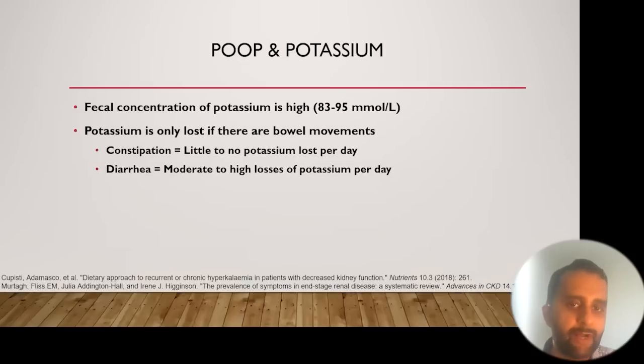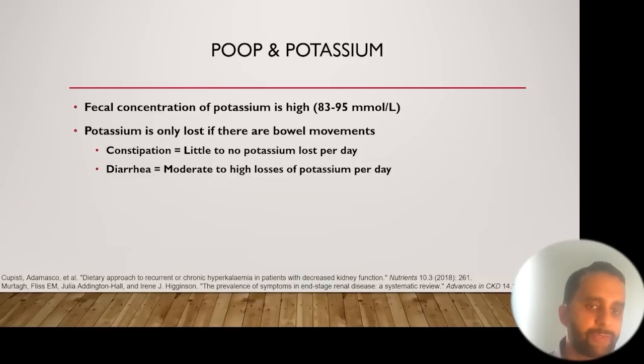And of course, there is potassium in fecal content. If you are constipated, that potassium does move into the colon, but then it's not excreted from the body. So you would have potassium going into your colon, but it wouldn't continue to move because that stool burden isn't being eliminated on a regular or frequent basis.